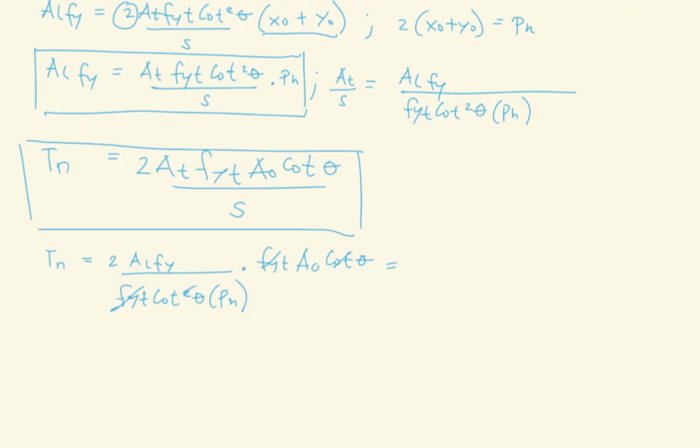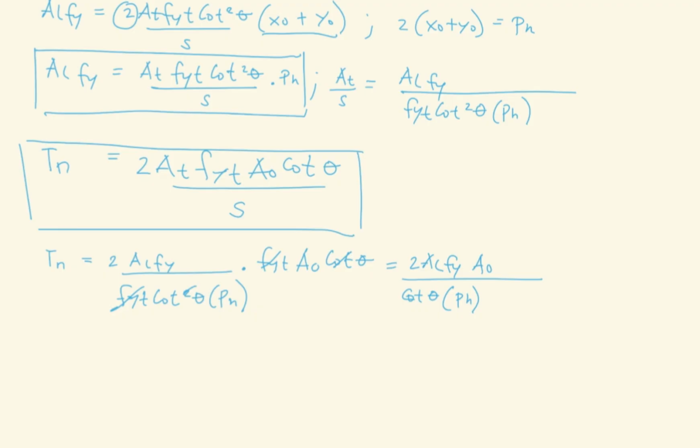This is then simplified as 2 A sub L fy A sub o divided by cotangent theta multiplied by pH.